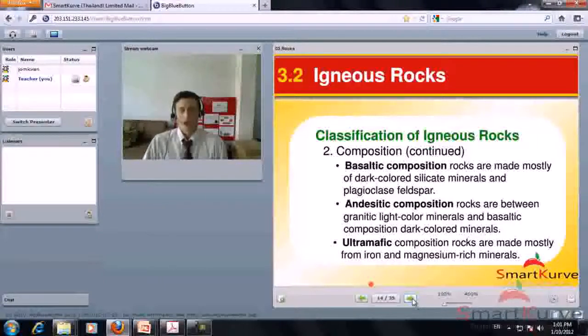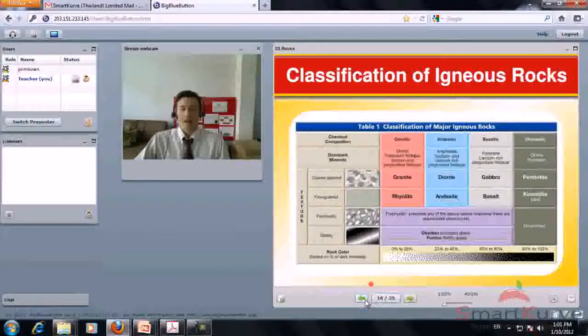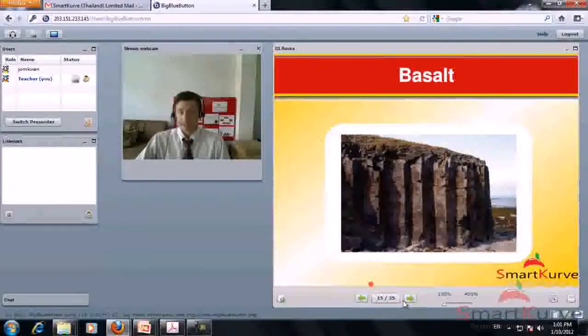And then finally, the last type, ultramafic. These are rocks with iron and magnesium, a lot heavier metals. So maybe transition metals. We're going to take a better look at that on slide 16.